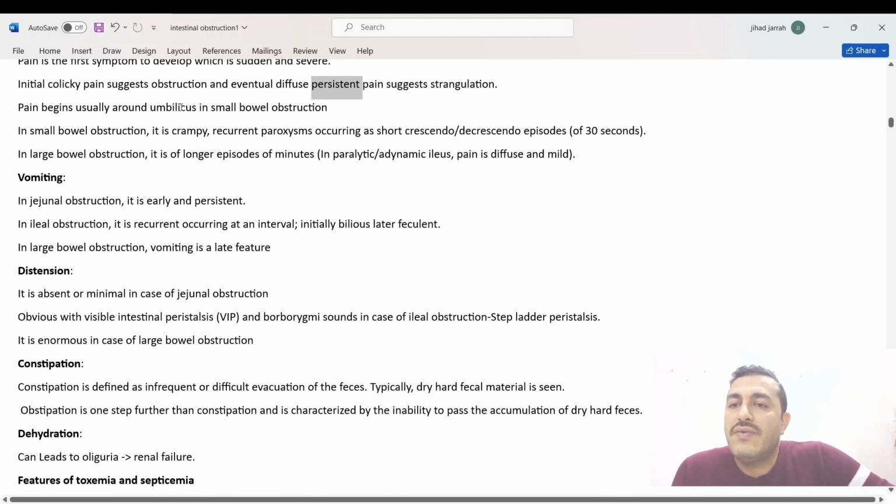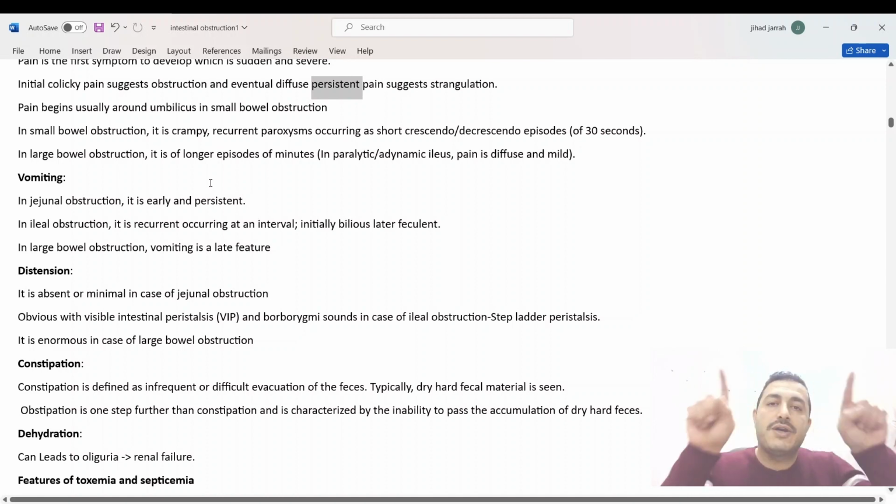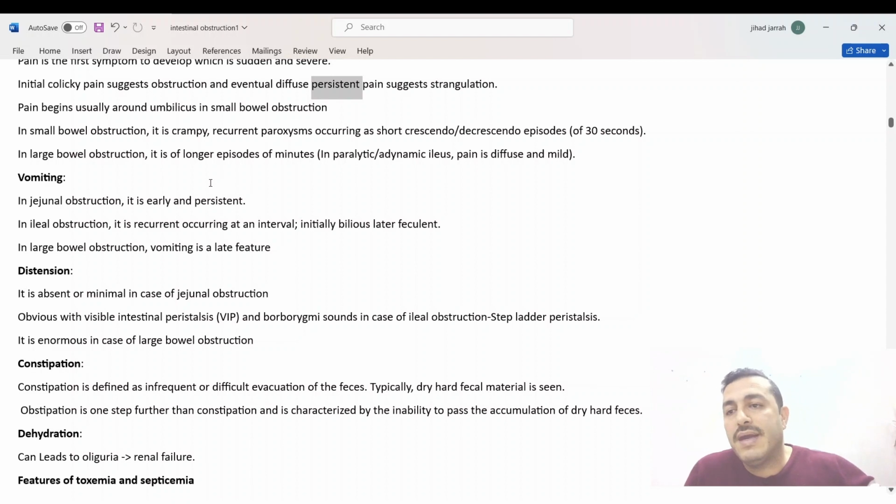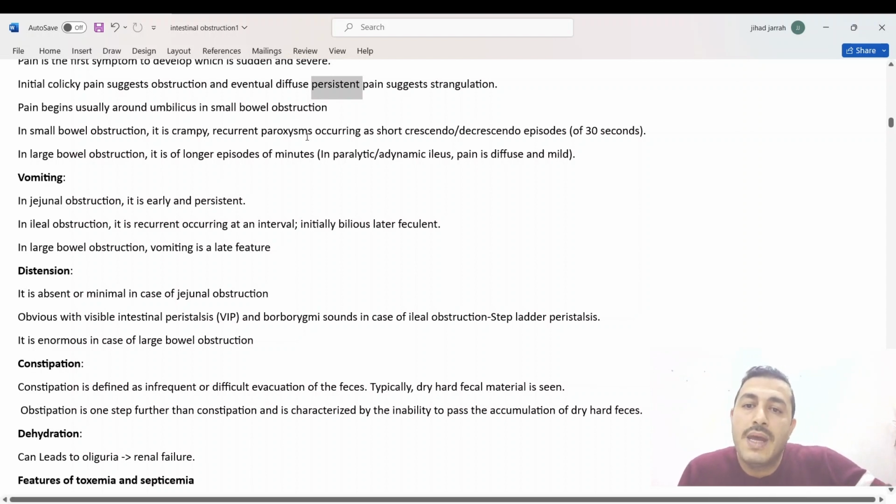Okay, pain begins around the umbilicus. This depends on the site. Some say colon obstruction gives you a frame picture, like pain on the periphery of the abdomen. In small bowel obstruction, it's crampy, with recurrent paroxysms, short crescendo-decrescendo episodes of 30 seconds, while in large bowel obstruction the episode of pain is longer.